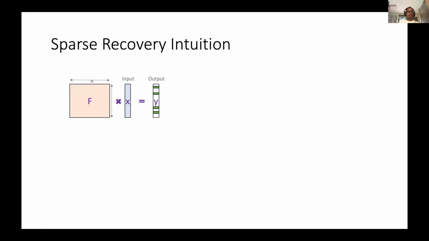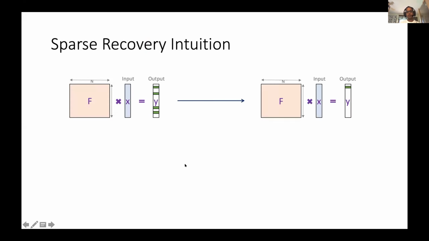Now, when I first heard of these kinds of algorithms, here's the intuition that was given to me. Again, you have y, which is sparse, that you want to recover. What you do is you somehow reduce this k-sparse recovery problem to a one-sparse recovery problem.